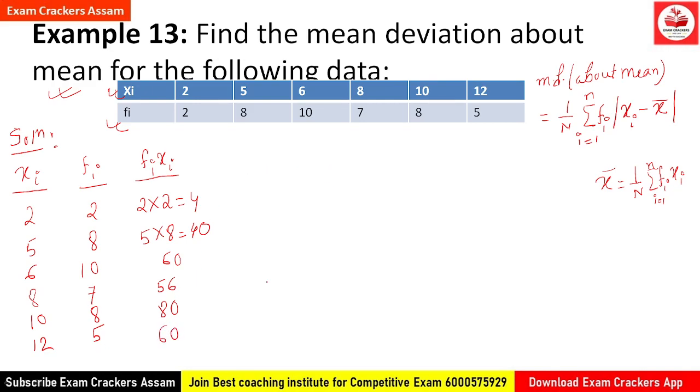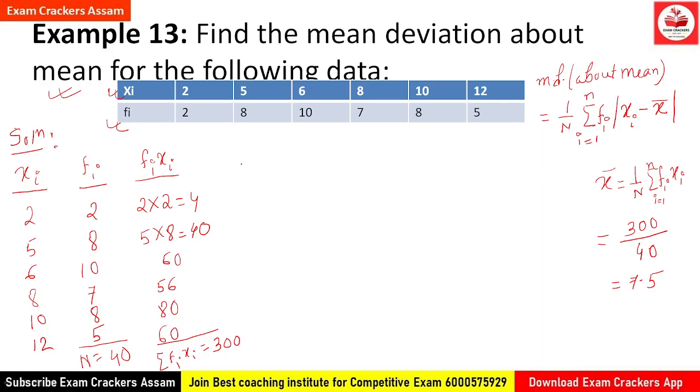Now you need capital N, right? Capital N means summation fi. So if you add all these values, you will get capital N, which is your 40. And if you add all these values of this corresponding column, you will get summation fi xi, and this is 300. So your x bar will be 300 by 40, which is 7.5.